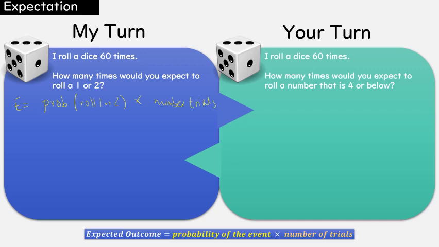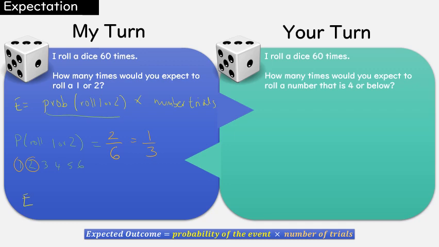So first of all, let's have a look at the probability. The probability of rolling a 1 or a 2 is, well, let's think about a dice. We've got 1, 2, 3, 4, 5, or 6. A 1 or a 2, well, that's 2 different numbers I could have out of a total of 6. So I could say that's 1/3.